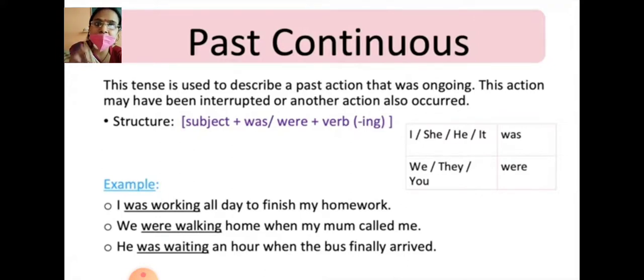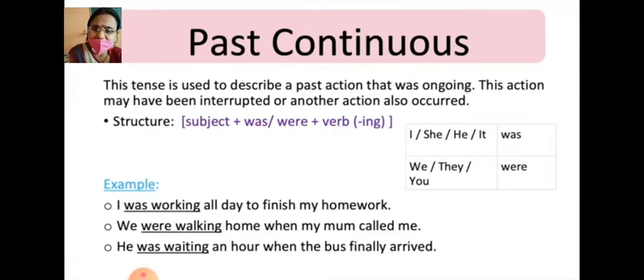Am with I, is for singular and are for plural. So in past continuous, was and were are always there as the helping verbs. Was you will use when we talk about singulars. Were you use at the place of are, it means for plurals.